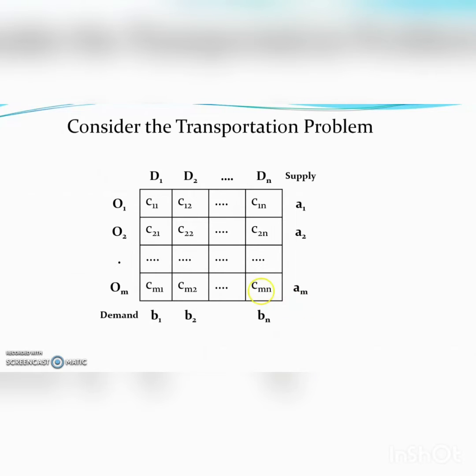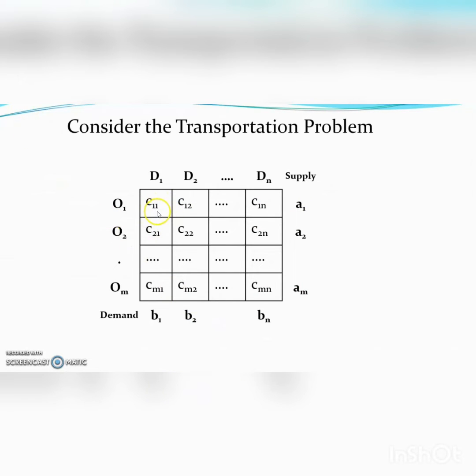Now, an initial basic feasible solution of the transportation problem can be obtained by assigning allocations to different cells of the transportation table, which will satisfy the availabilities and the requirements.